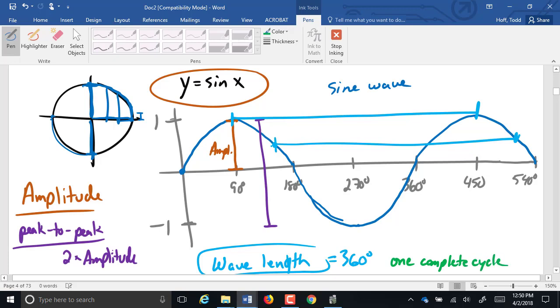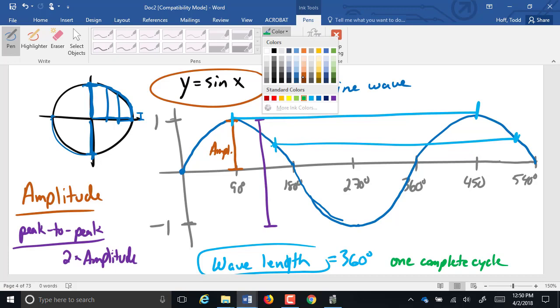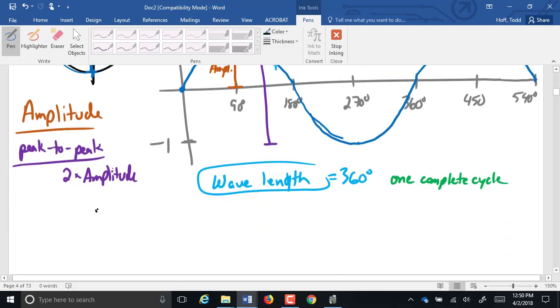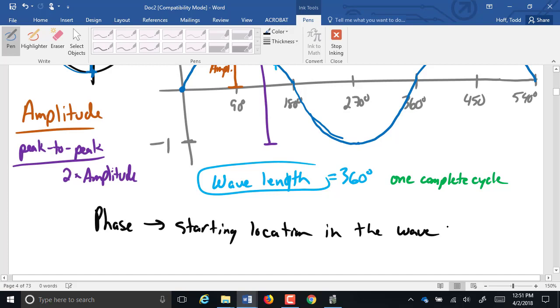Now, something that really isn't shown on this graph is something called the phase. Phase is where in the wave that it starts. I'm going to actually label this as starting location in the wave. This wave starts at 0 degrees.